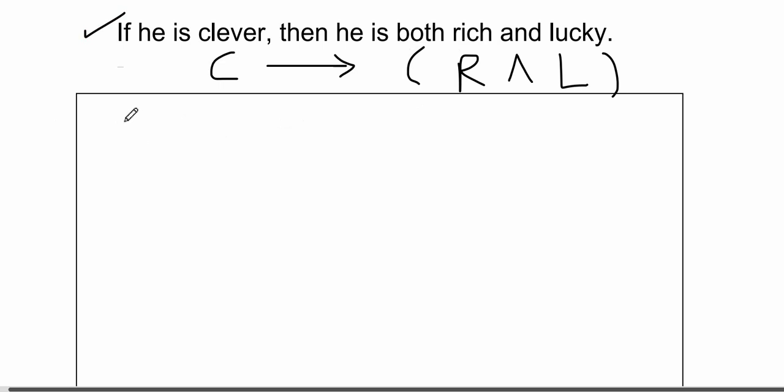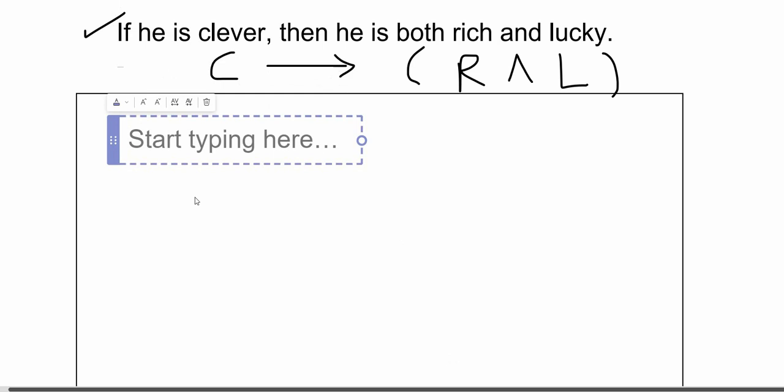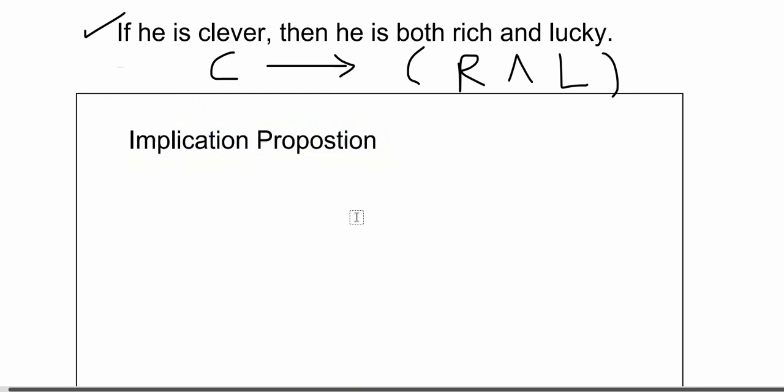Now, which is the major symbol or dominant symbol in this? So the dominant symbol is the implication type, implies. So this is known as an implication proposition. So the type is implication type, implication proposition. Okay, so we got our second answer also.